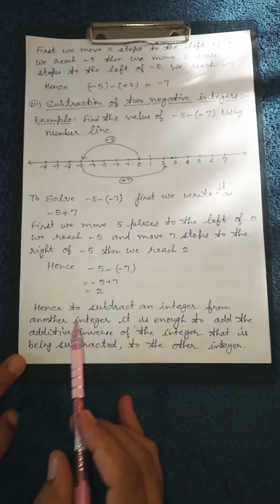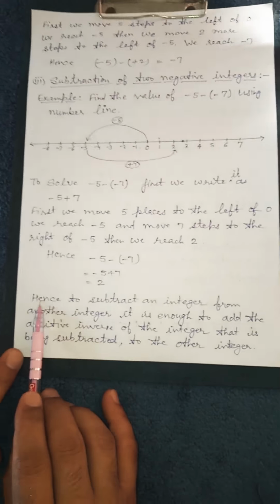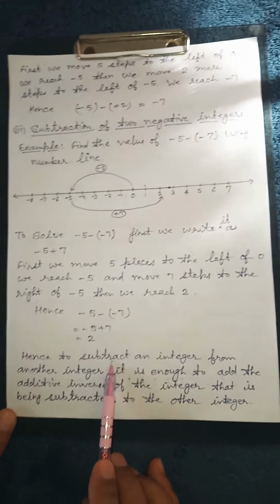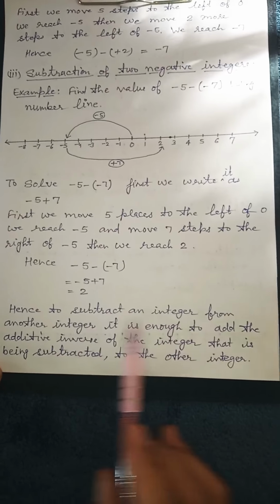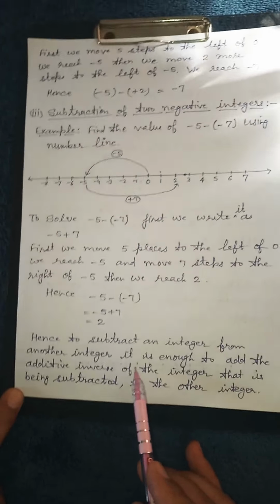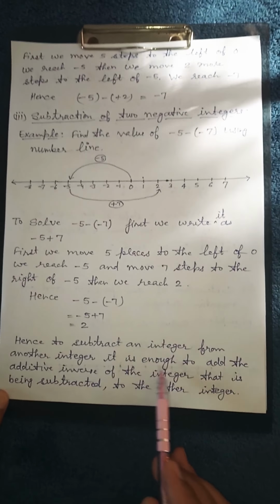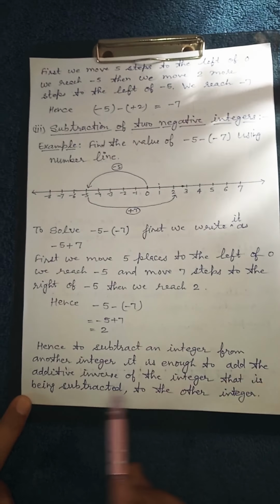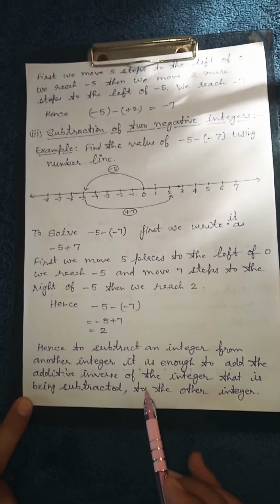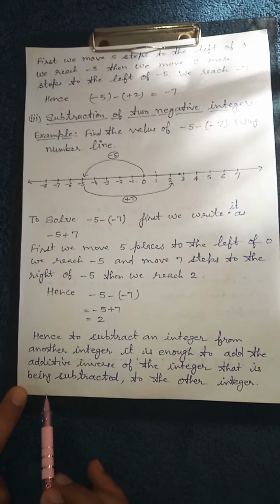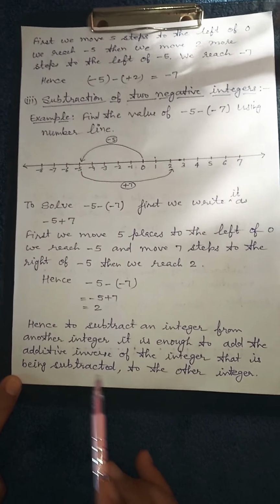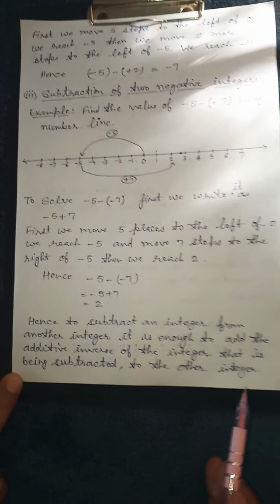In conclusion, we can say that to subtract an integer from another integer, it is enough to add the additive inverse of the integer that is being subtracted to the other integer.